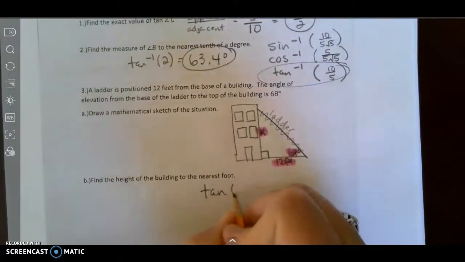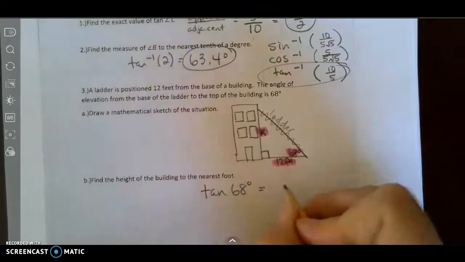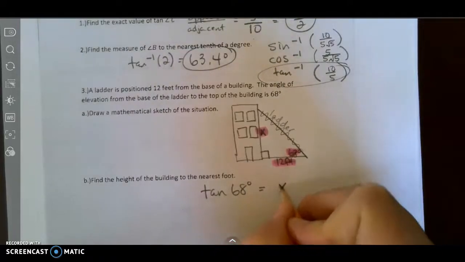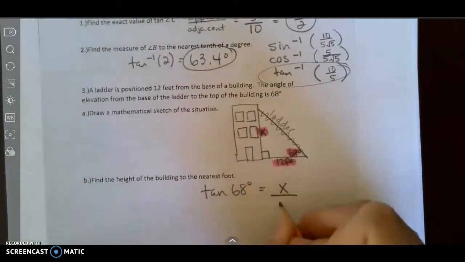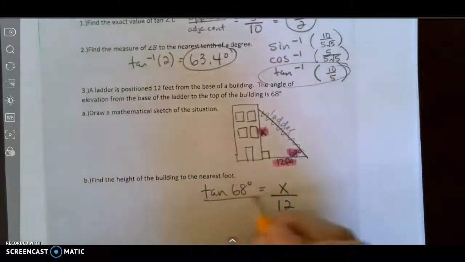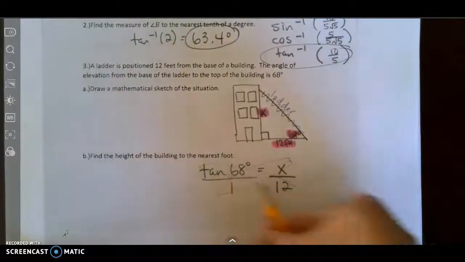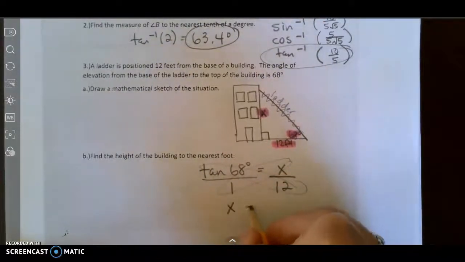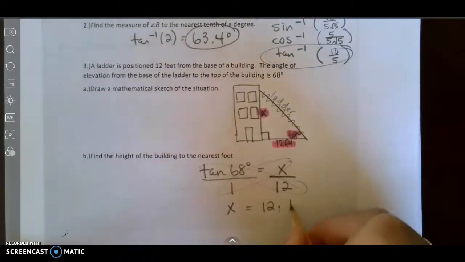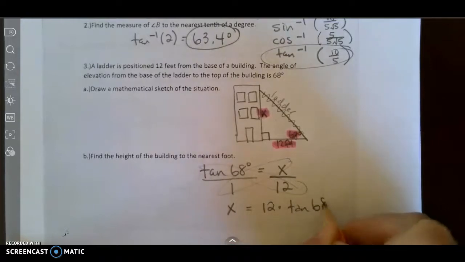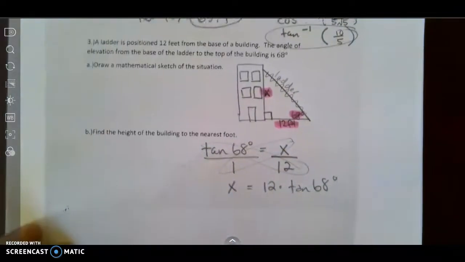So tangent of 68 degrees equals opposite, which is x, over adjacent, which is 12. And I cross multiply. X equals 12 times the tangent of 68 degrees.